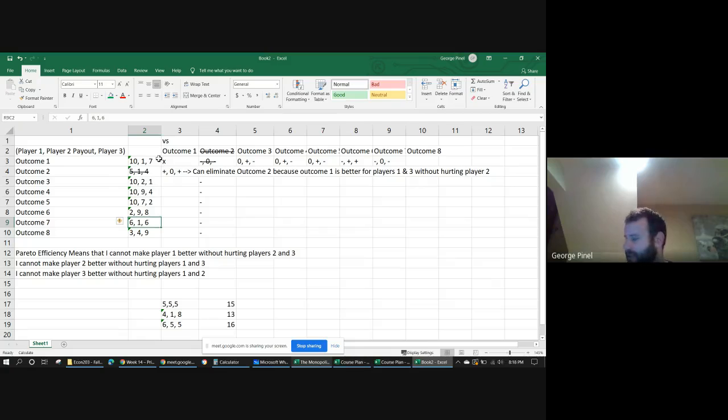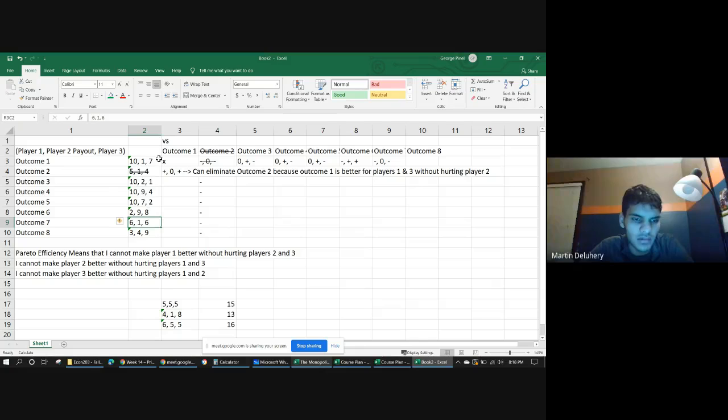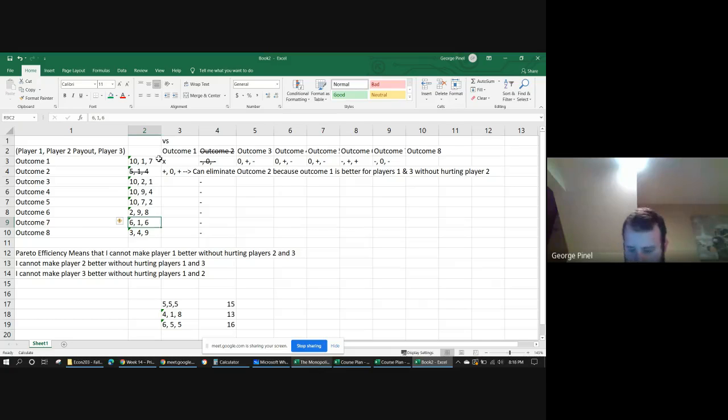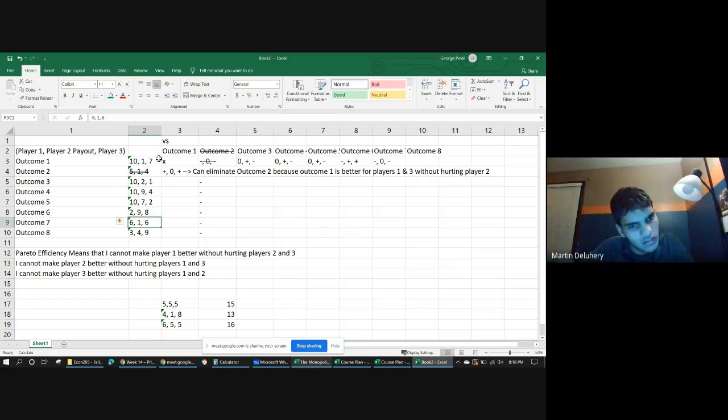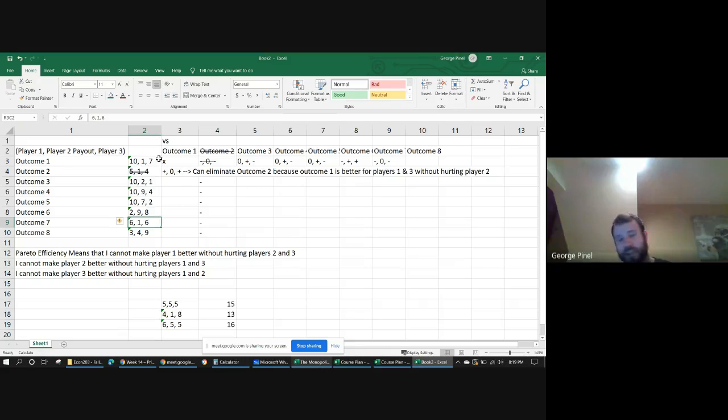Player 3 gains. Okay. Wait, let me. But isn't it a subtraction when we're looking at it from 1 to 7? Correct. So you cannot eliminate outcome 1 because it's got the minus there.